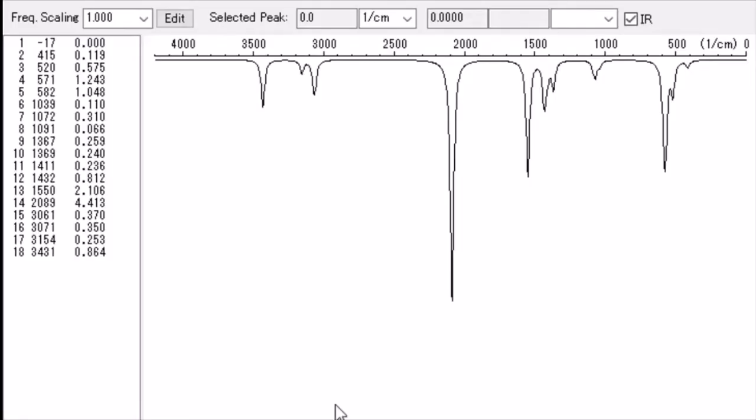IR spectrum of acetic acid. This is the IR spectrum of acetic acid. As I said earlier, it is not an experimental spectrum. It is a simulated spectrum by quantum mechanical software, and therefore it will not look the same.